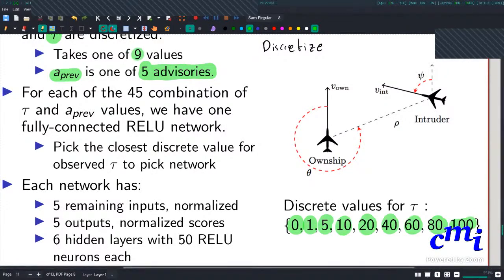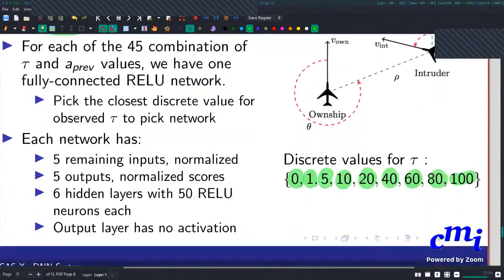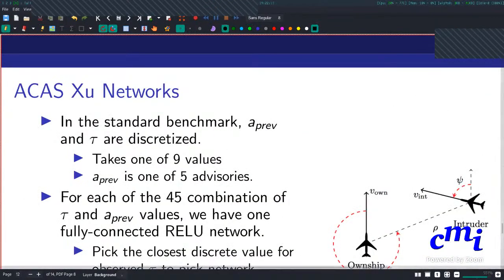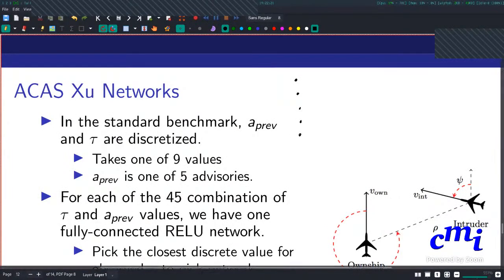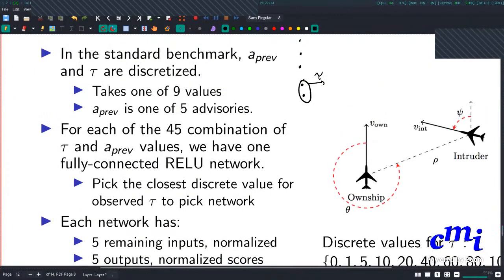Then what they did is that, so you're getting some 7 inputs, right? Now, based on these last 2 inputs, you remember you're getting a value of tau here. So you'll see which of these 9 values you're closest to, right? So let's say that you're closest to tau 3, right?